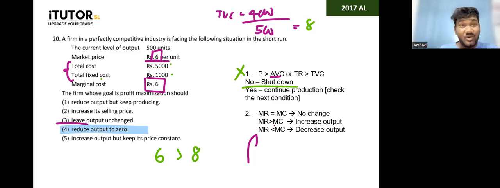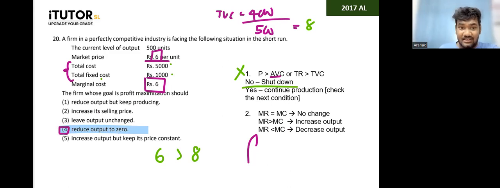But you can't go to the second condition without checking the first one. Only if the first condition is met, you go to the second condition. The first condition is not met. Your price is not even enough to cover your average variable cost. Then forget about MR and MC. You should say the firm will reduce the output to 0.